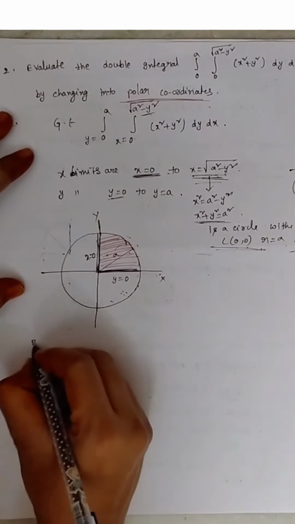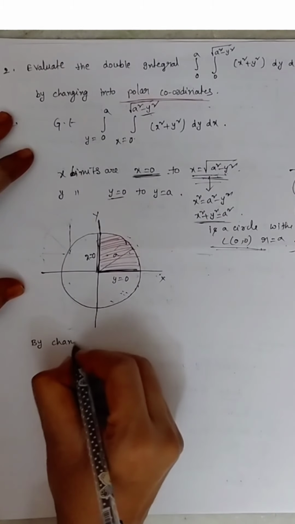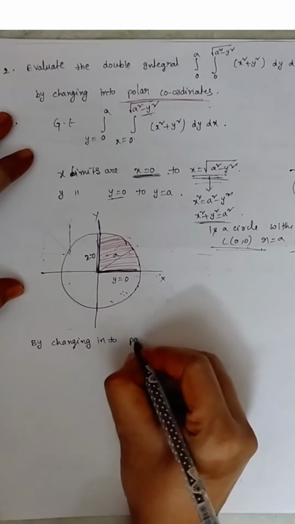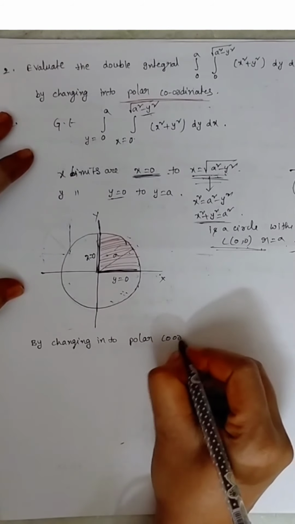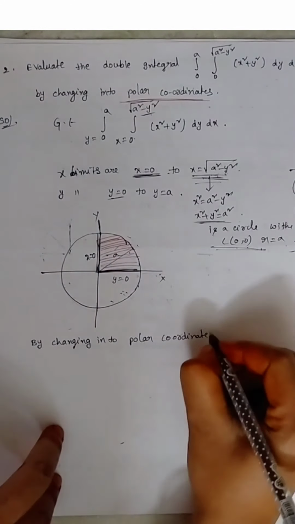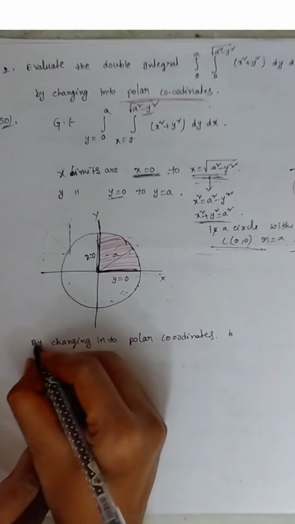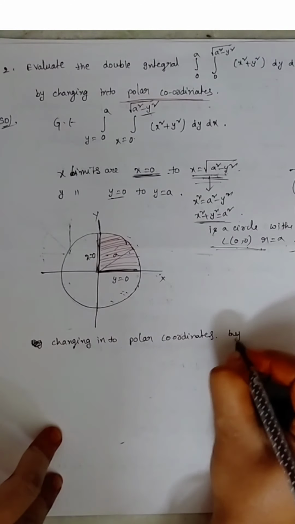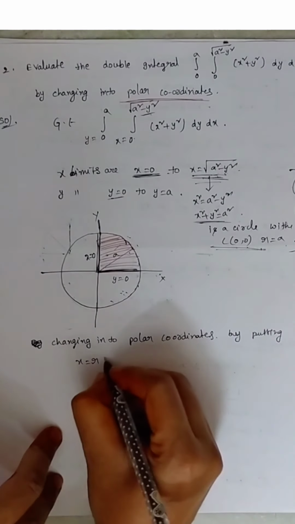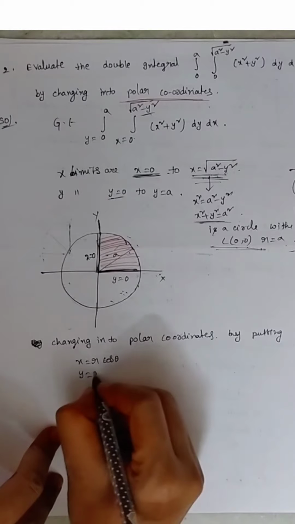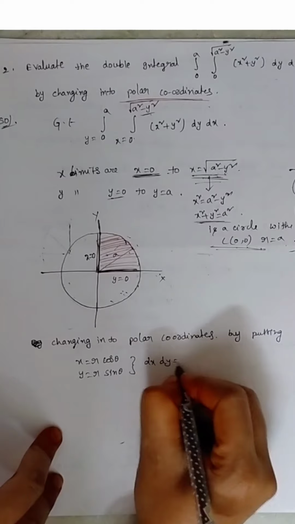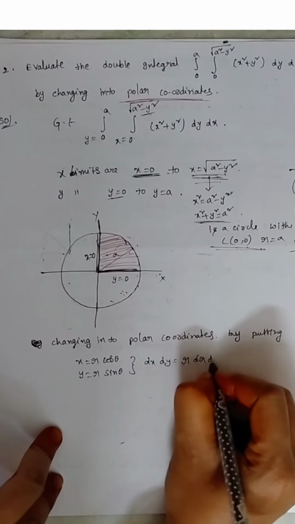Now, changing into polar coordinates by putting x equals to r cos theta, y equals to r sin theta, and dx dy equals to r dr d theta.